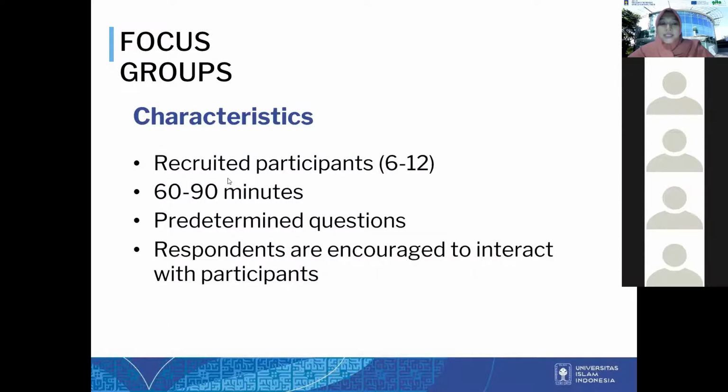Then the characteristics: 6 to 12 recruited participants, needing 60 to 90 minutes. And we have the protocol script or predetermined questions. Don't forget, before we conduct the focus group discussion, we need to prepare the questions. And respondents are encouraged to interact with the participants.